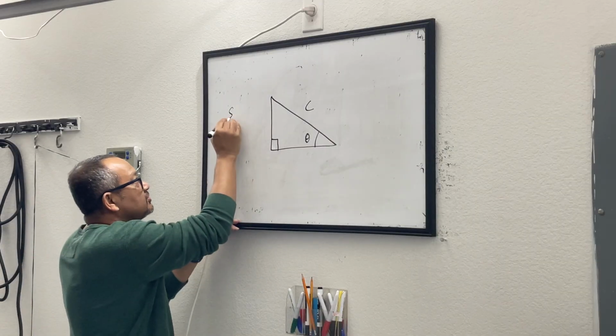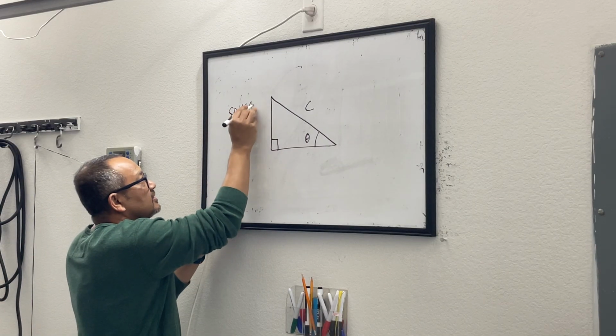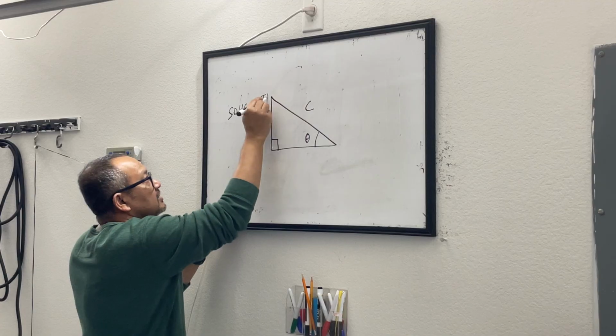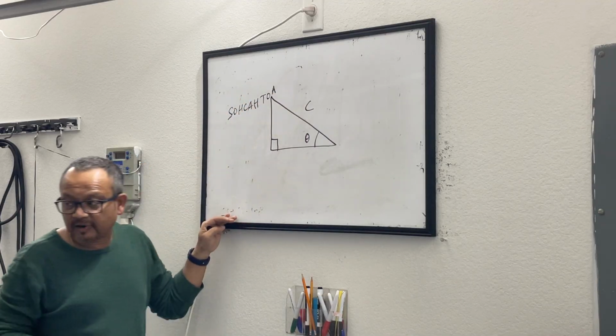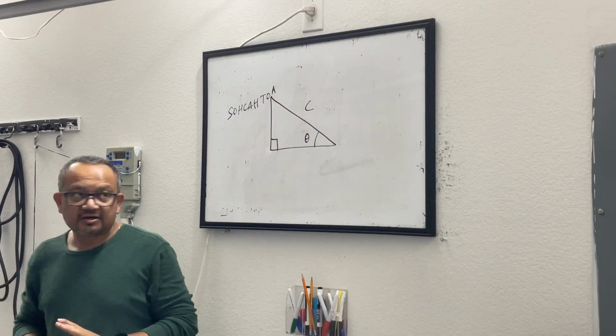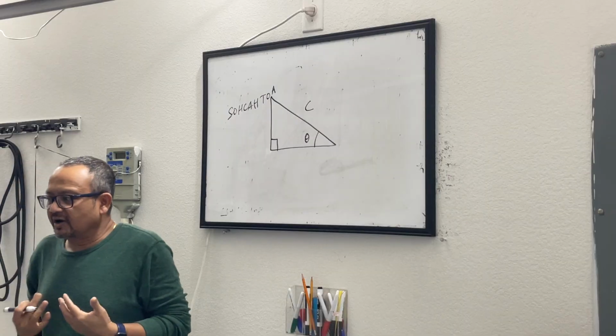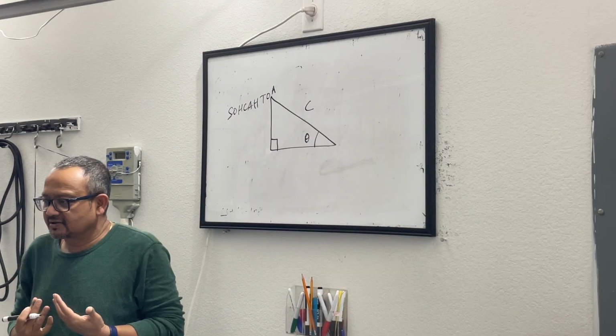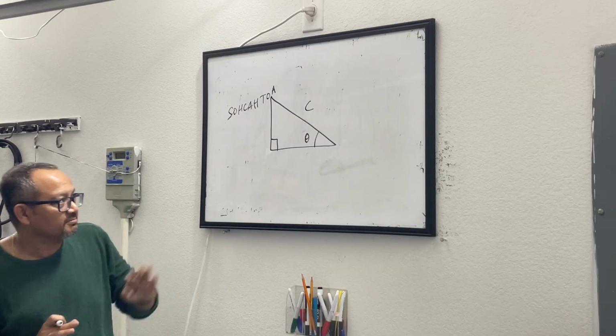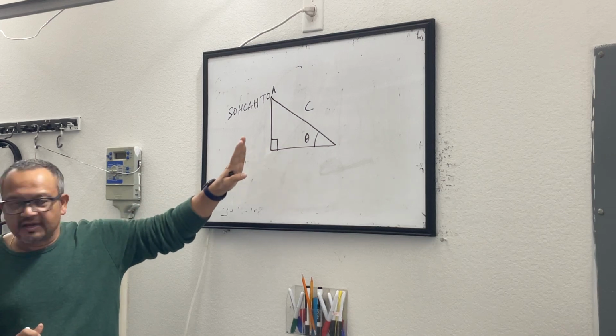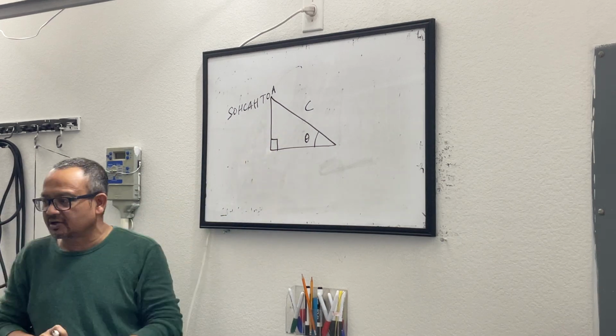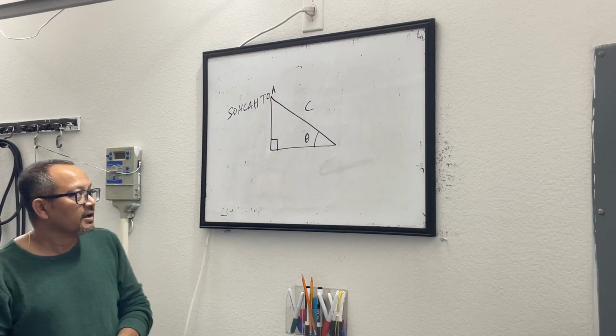Now you will say SOHCAHTOA. And again, this might sound like a story to everybody, but it will help you relate to it. I mean, why are we even learning new things, right? Why do we have to spend so much energy and time to learn something new?